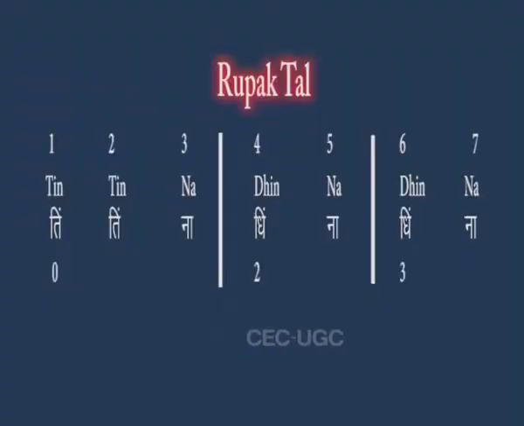You can see Rupak Tal written in the script. Though in Hindustani music, Tivra Tal also has 7 beats with 3, 2, 2 vibhags, there lies a lot of difference between the 2 tals regarding the bols, nature and the usage.